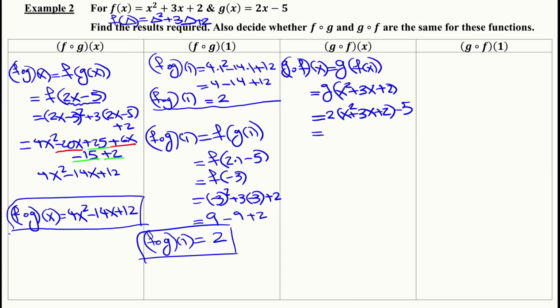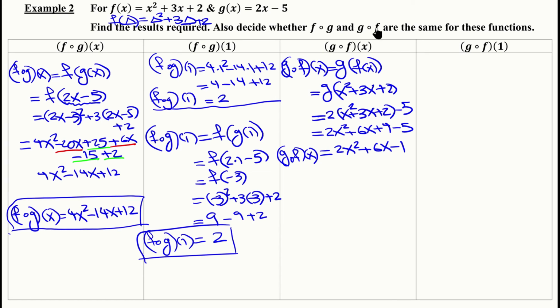So we end up with 2x squared plus 6x plus 4 minus 5. Now if we simplify and combine, we end up with 2x squared plus 6x minus 1. And that right there is g circle f of x.